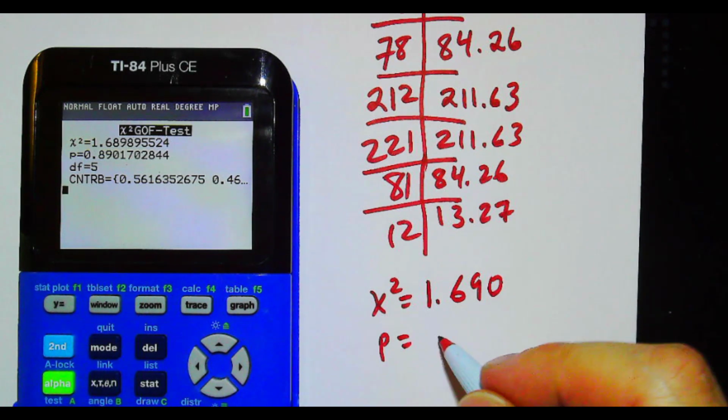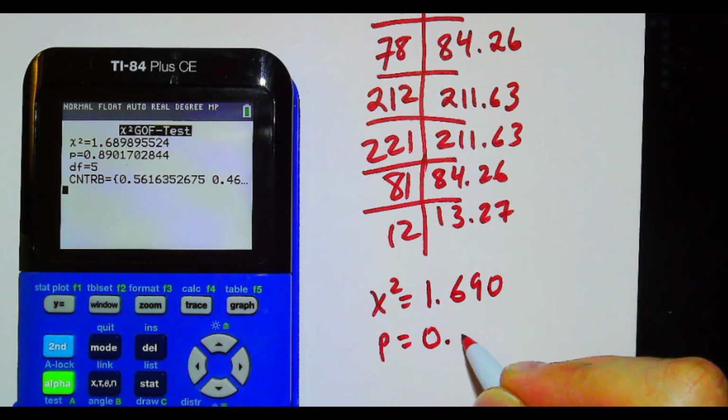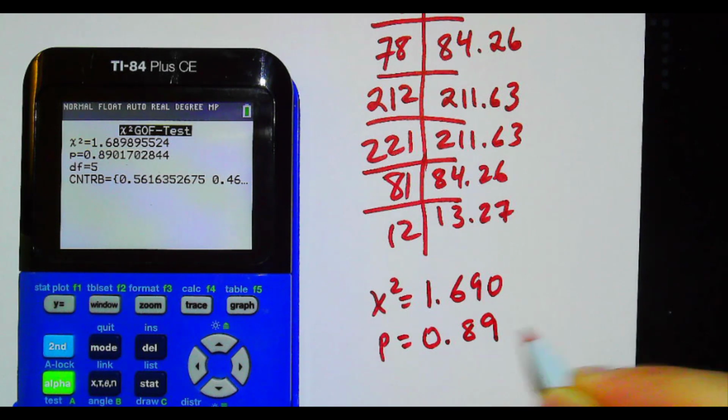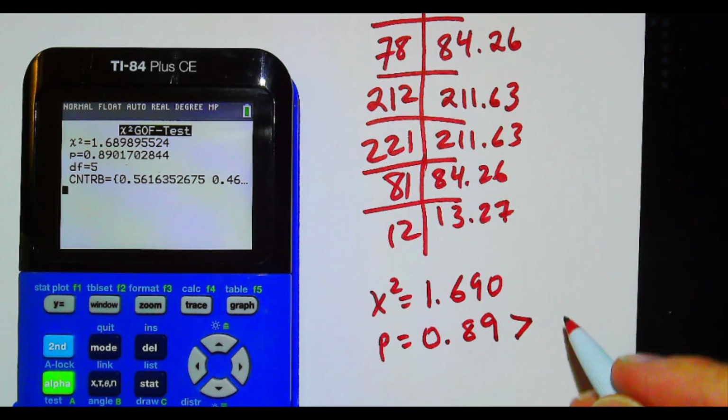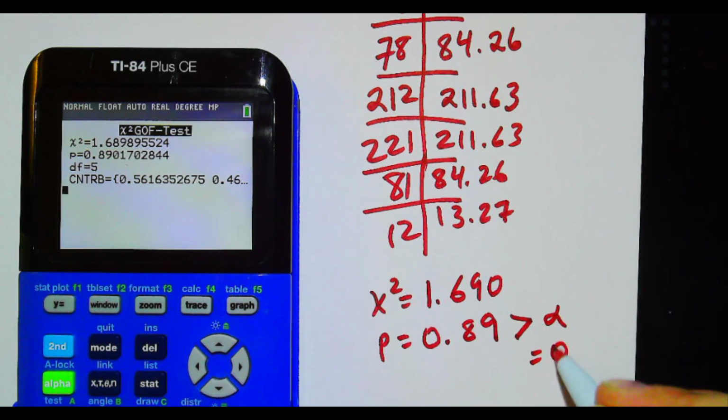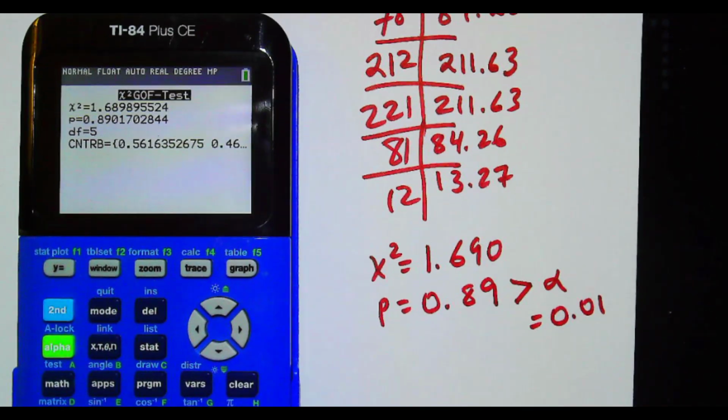And the p-value, which really tells the tale, is 0.89, which is way greater than our alpha, which is 0.01. Because the p-value is so huge, we fail to reject the null hypothesis.